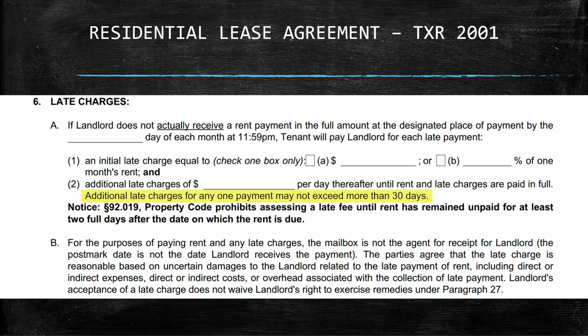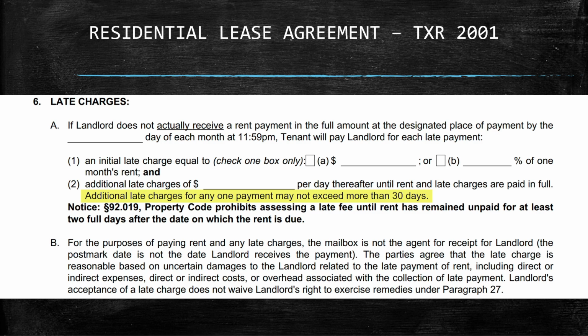So they will either charge a flat dollar amount, if we've checked the box for a flat amount, or they can charge a certain percentage of 1 month's rent. That's the initial late fee. In addition to that, the landlord can charge an additional late fee of however many dollars per day after that until both the rent and the late charges are paid in full.